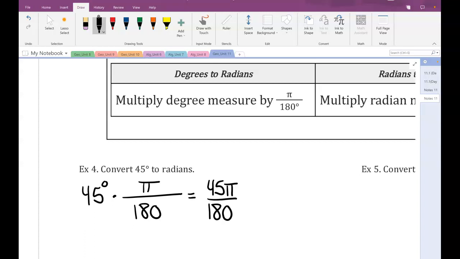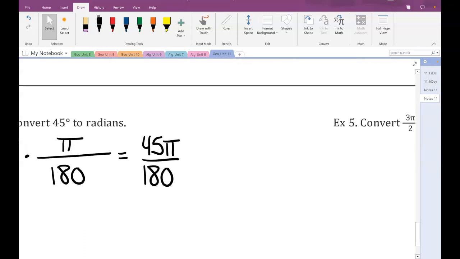We want our fractions as simplified as possible, so we'll do some reducing steps and see what numbers go into each of these. I know that 45 and 180 are both divisible by 5. I don't know if it's the largest one, but they are both divisible by 5. So I can reduce by dividing 5 from both of these. This would be 9 pi, and this would be 180 divided by 5. Checking my math, yes, 36.